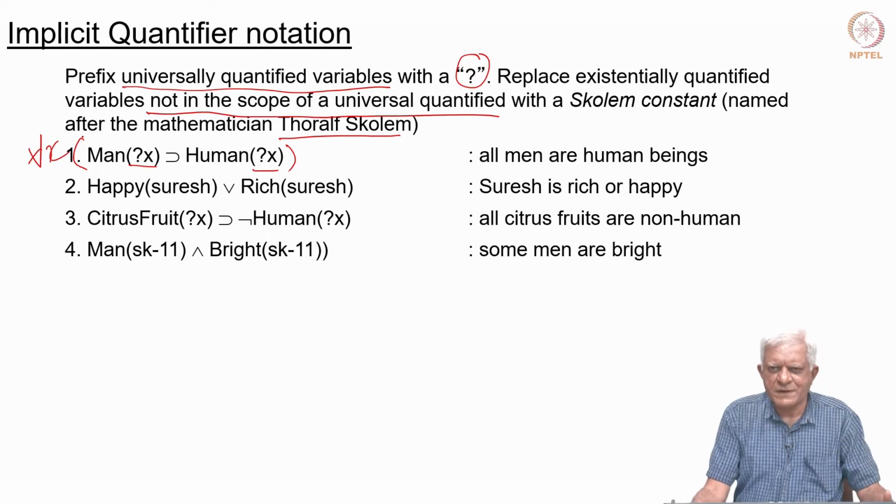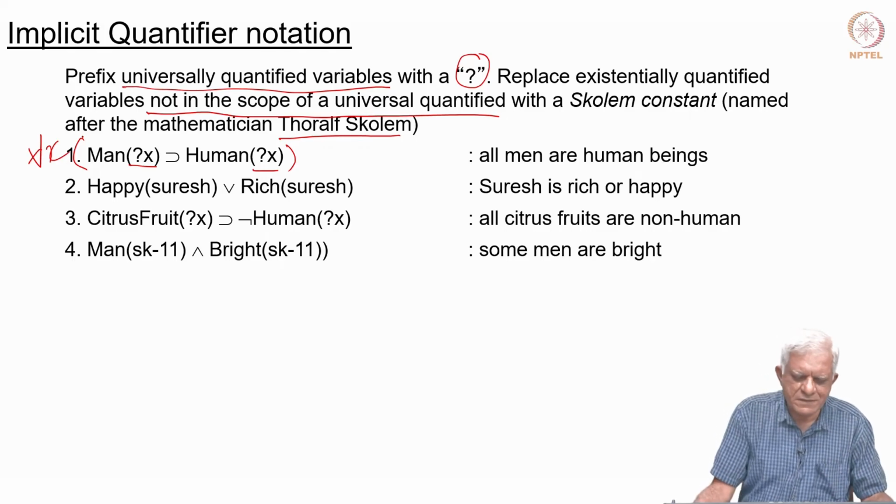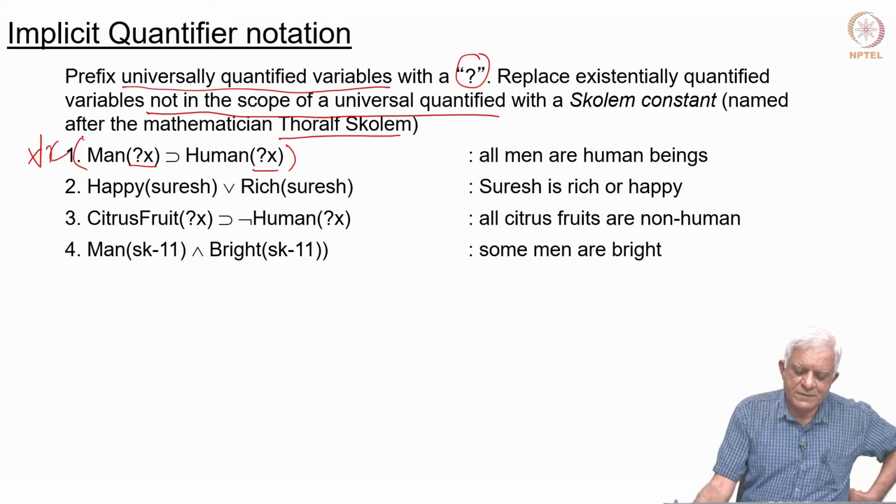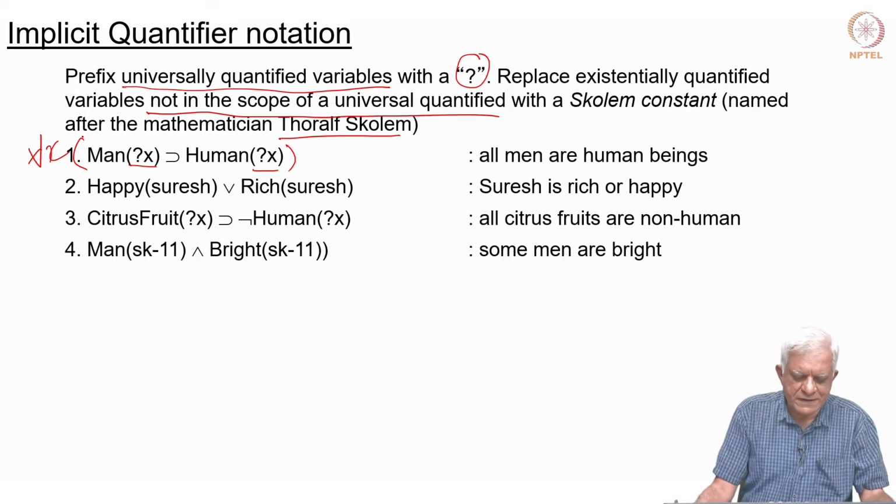When I say we will keep it in mind, that means our algorithms will keep it in mind and process them in an appropriate way. In the second sentence there was no variable, so that does not change. In the third sentence also there was a universally quantified variable, so that has been replaced by a question mark x.